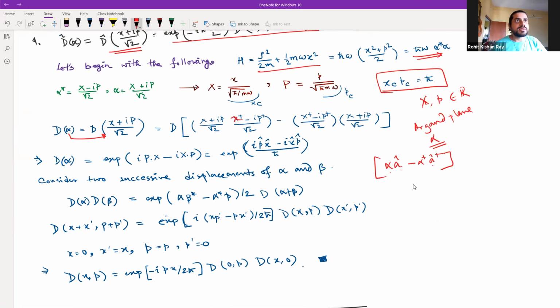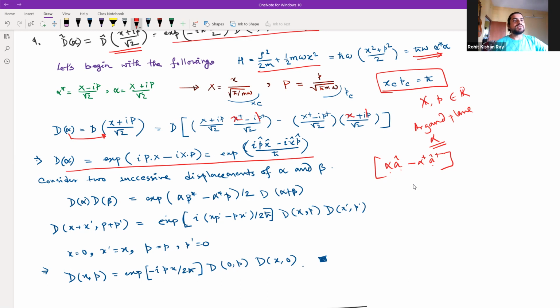These are small x and p, and these are capital X and P. Take the product, expand it out, and we'll get a relation like this, where I have kept x and p back to where they belong. Remember this rescaling, my bad.